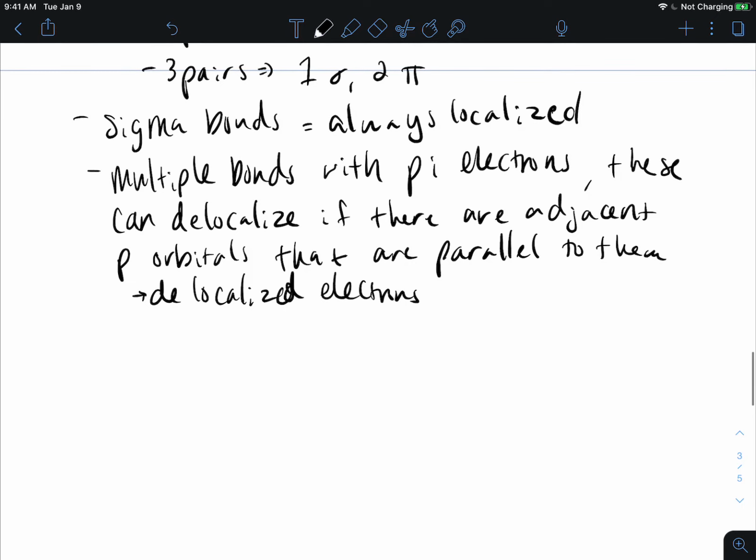We just want an example. So the whole thing, going through hybridization and looking at the pi bonds and such. So let's look at C2H2.